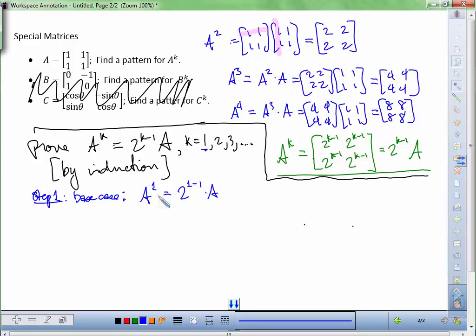The base cases for these things are almost trivial, in the sense that they're always going to be obvious. We have 1, 1, 1, 1 equal to, what's 2 to the 0 power? That's 1, so it doesn't change your matrix A, which is 1, 1, 1, 1.